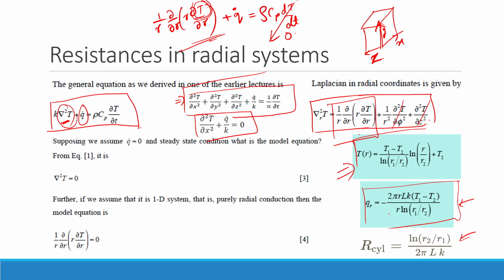But you don't need to remember this term. You can just remember the resistance of the cylinder, and then use delta T upon R to find the heat transfer through this cylinder.